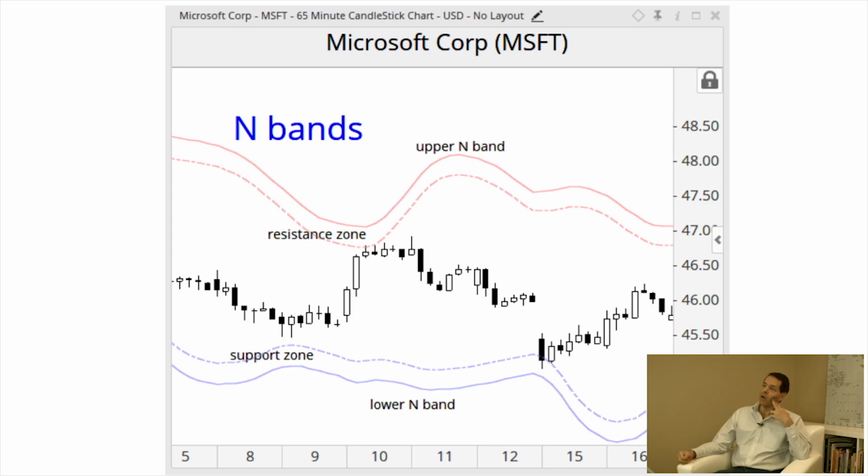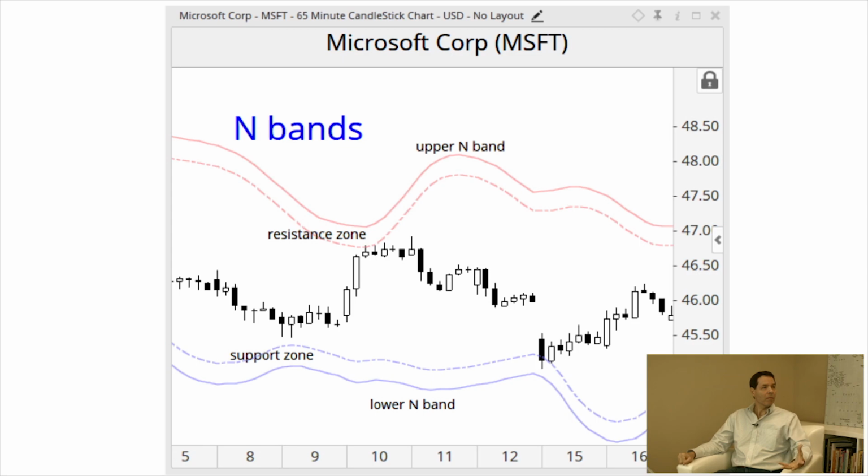The total relaxed nature of it made me notice something. When I took the extremes, the peaks and the troughs of these bands, and looked forward from there, I could see points where price would stop and reverse, or stop and trade sideways, or pause for a while. And it seemed to happen repetitively.